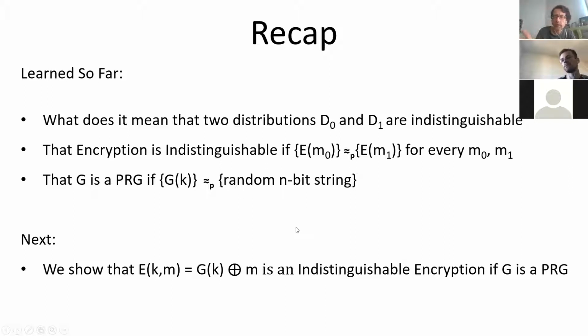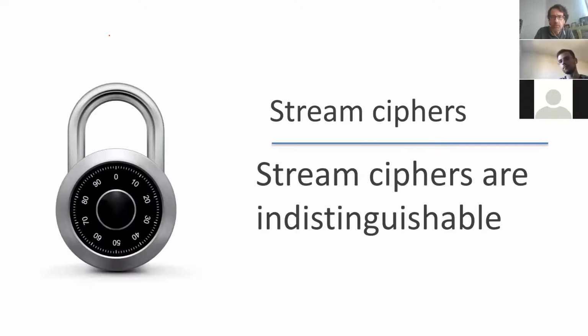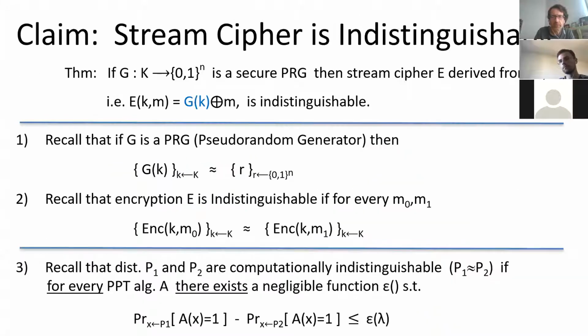So let's see how this works. And this is the stream cipher. I think this slide actually repeats what I just said, but maybe in a nicer way, right? So this is the construction we want to check. We start with an assumption that G is a secure PRG.